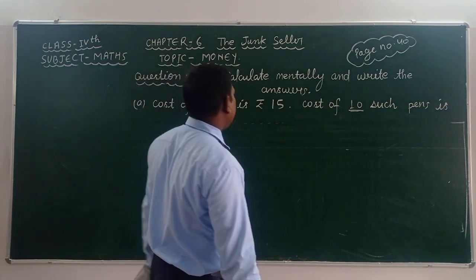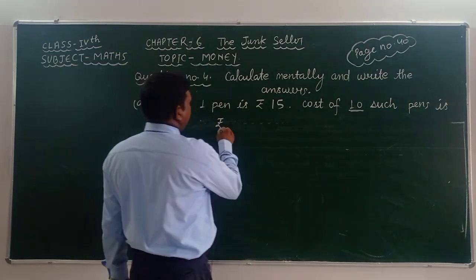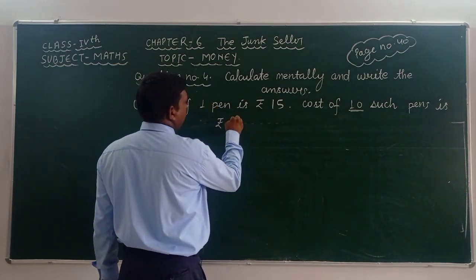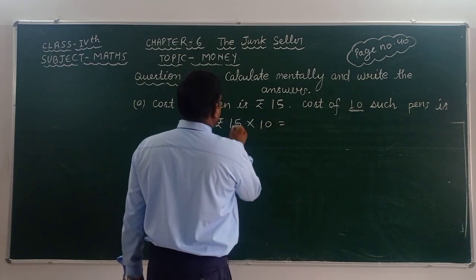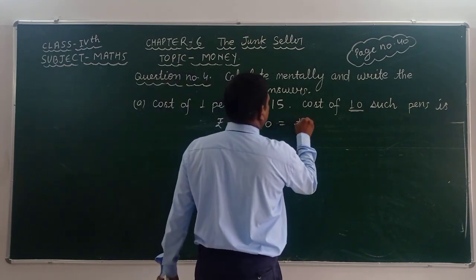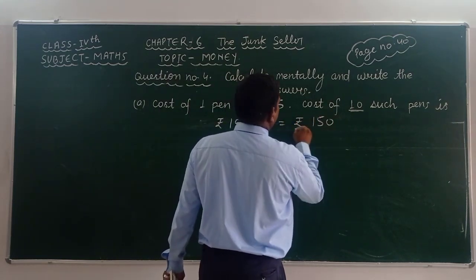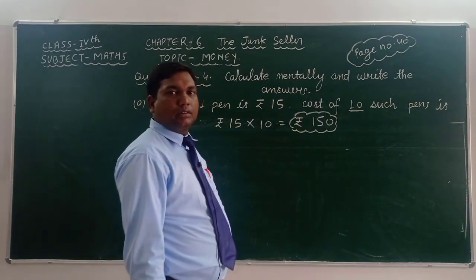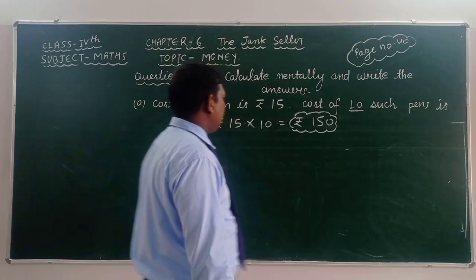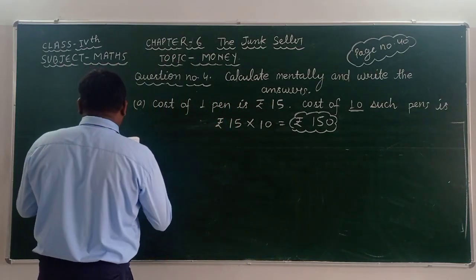So 15 times 10 is 150. This is the answer of this question. Understand? Similarly, we can solve all the given questions.